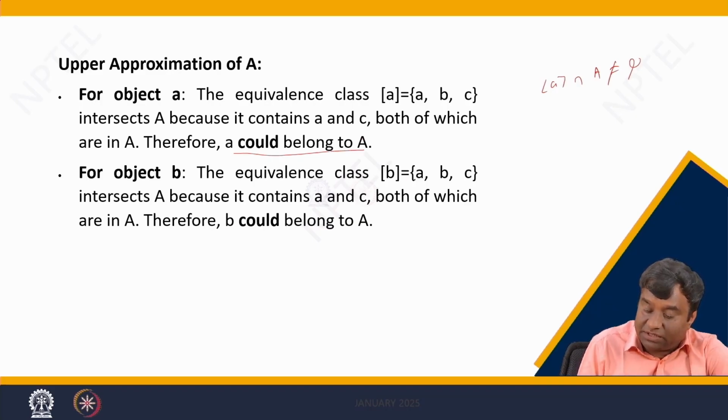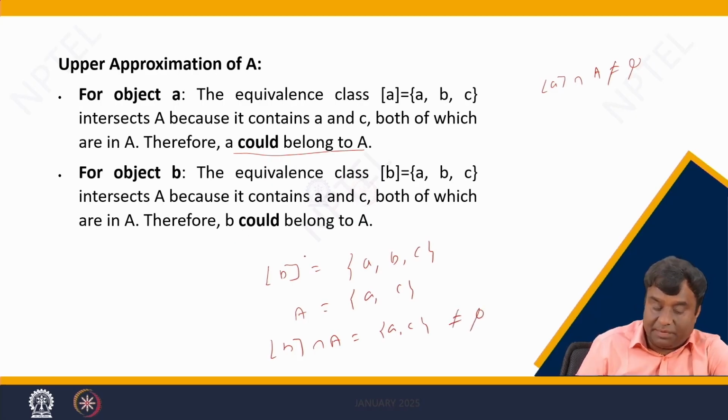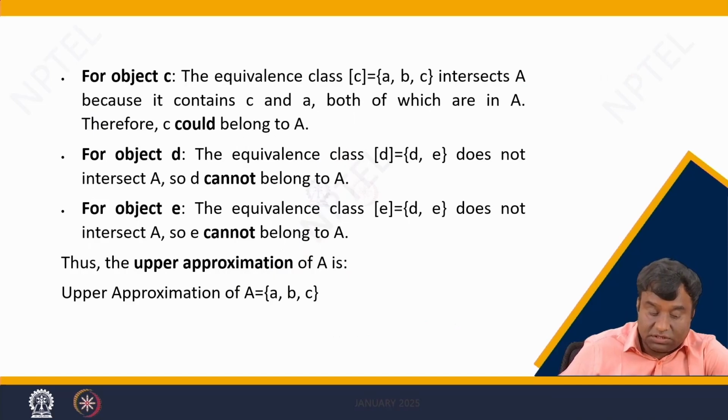Similarly, the equivalence class for B is {A, B, C} and the target set is {A, C}, so the intersection is {A, C}, which is not equal to the null set, so B is present in the upper approximation. Similarly, C is also present in the upper approximation, but D is not present.